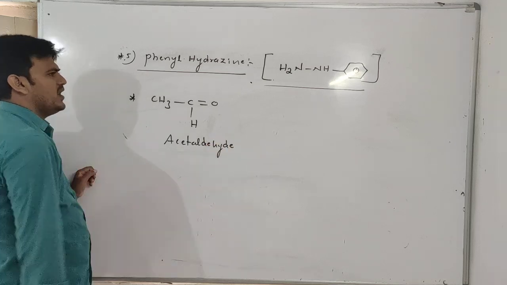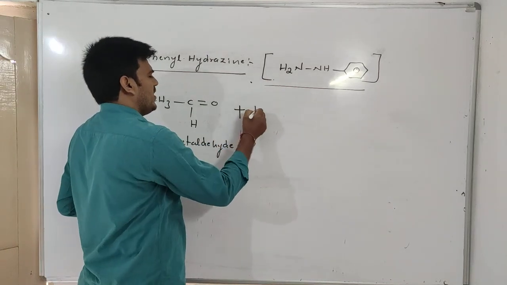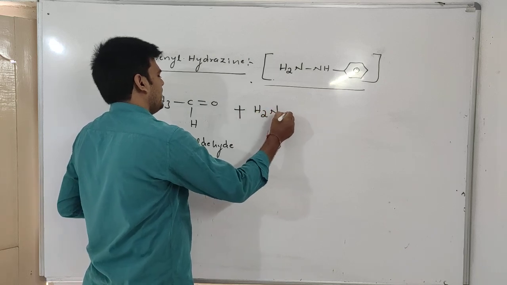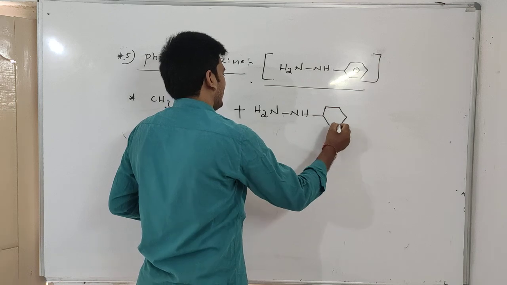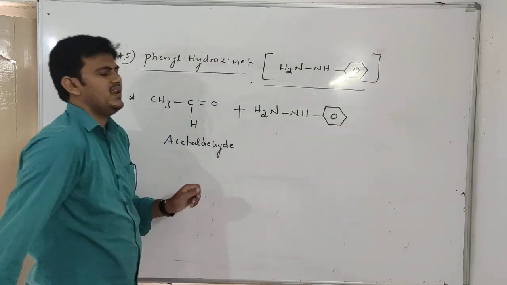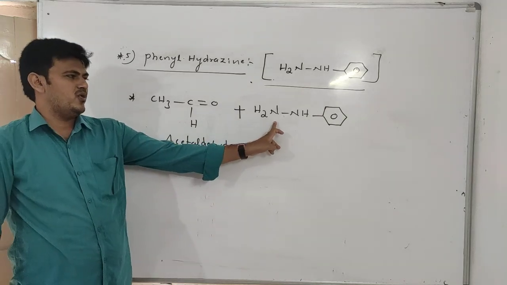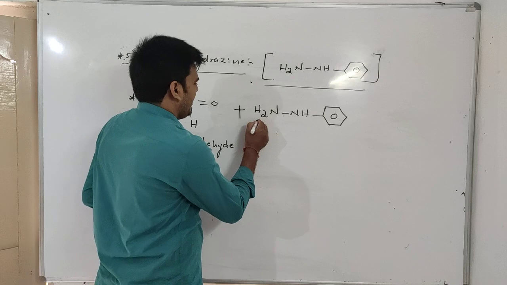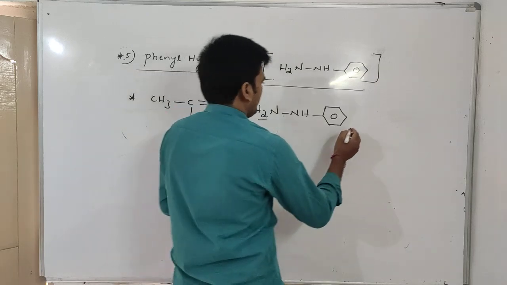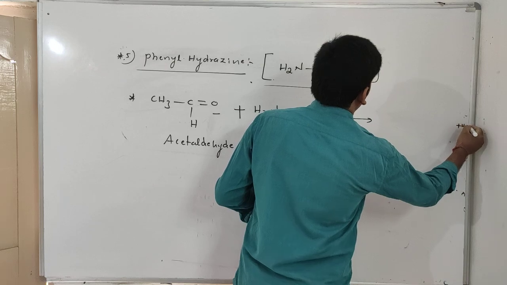Acetaldehyde, one of the carbonyl compounds, plus phenyl hydrazine, formula H2N-NH-phenyl ring, C6H5. Very simple answer: removal of water, so the byproduct is H2O.